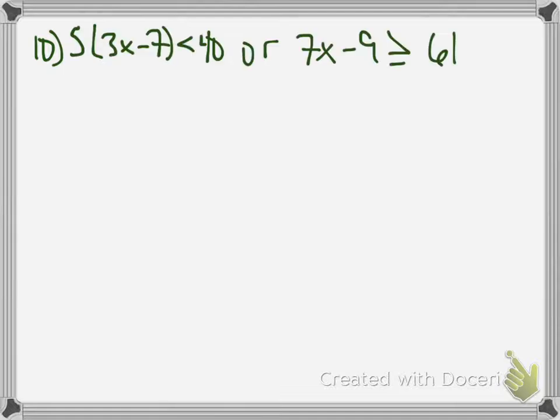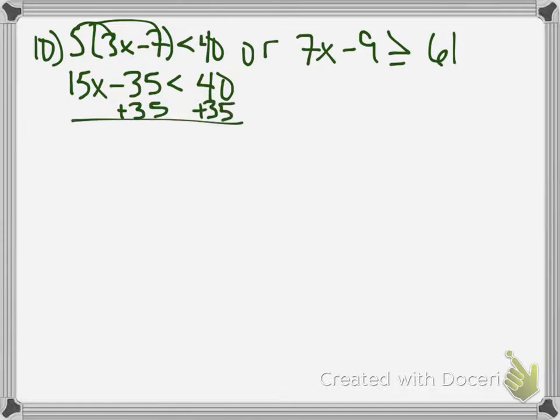Okay, so now let's look at number 10. Number 10 actually gives you so much extra work, but okay, whatever. So let's distribute here and say that's 15x minus 35 less than 40. That's going to be plus 35, so that's going to give me 75. So I've got 15x less than 75. Divide by 15.